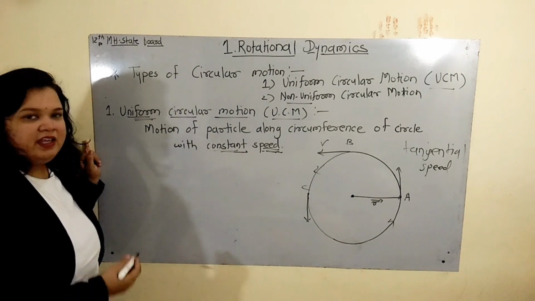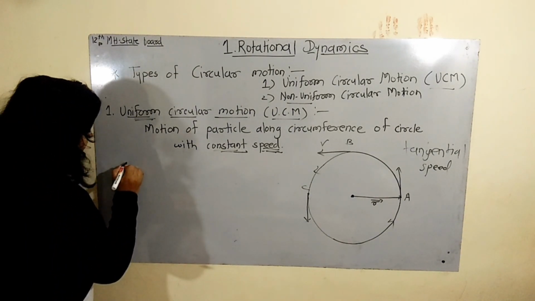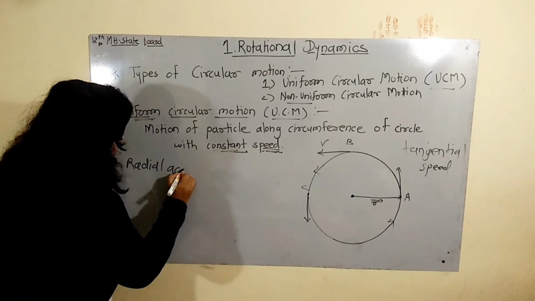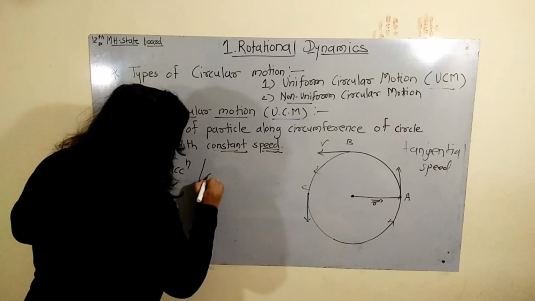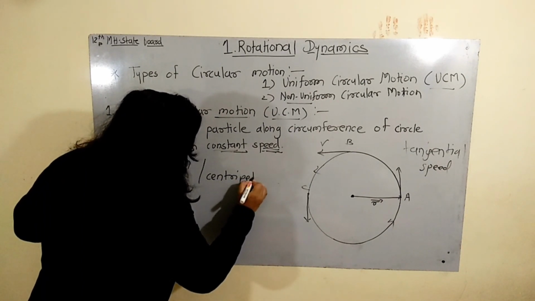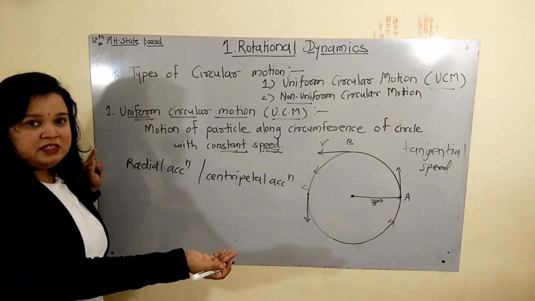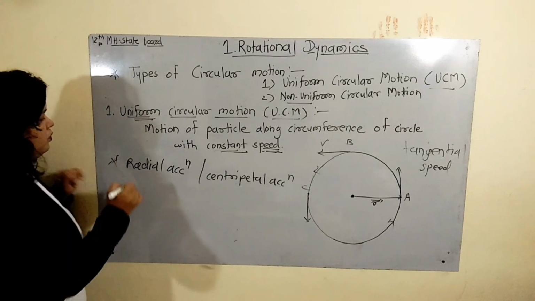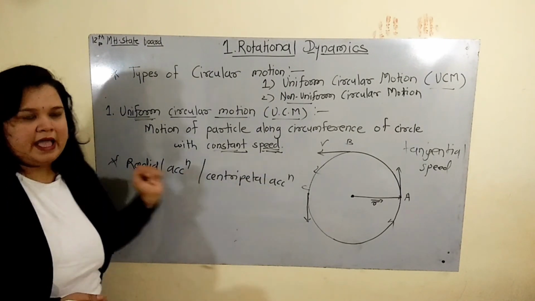But the acceleration which is responsible for this tangential velocity is called radial acceleration, or it is also known as centripetal acceleration. Here, velocity is always tangential, but this tangential velocity is due to radial acceleration, also called centripetal acceleration.